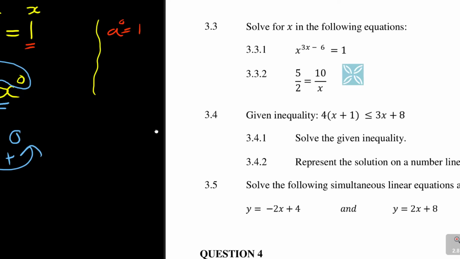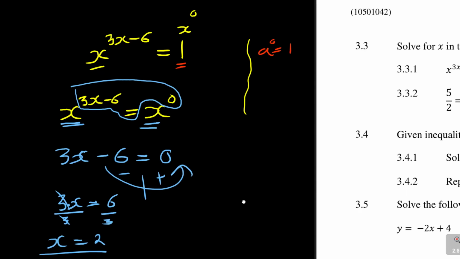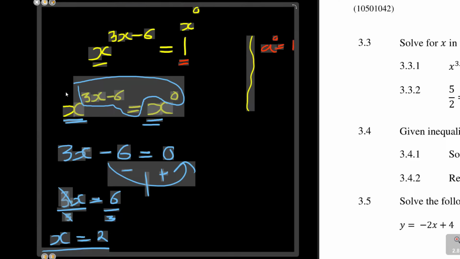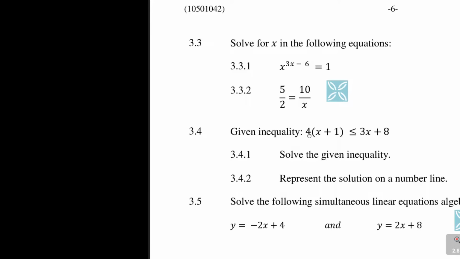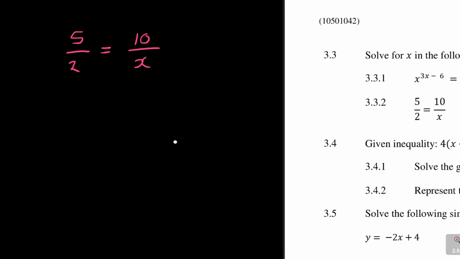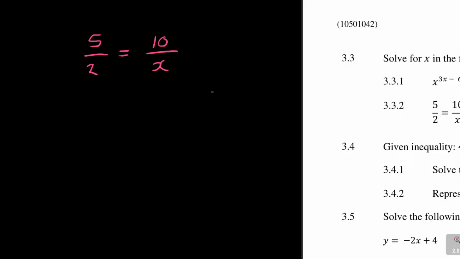Alright, so what is the next one here? If we are to erase this, the next one says 5 over 2 is equal to 10 over x. We are solving for x. They want you to solve for x. Well, it's up to you how you want to do it. You can do what they say, cross multiply.